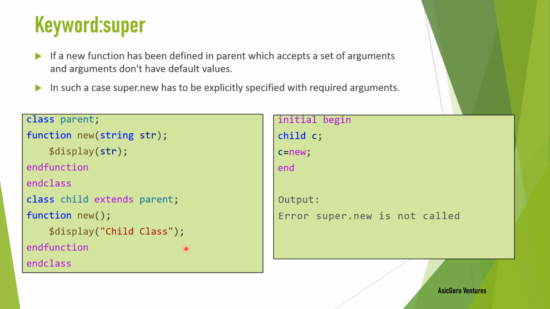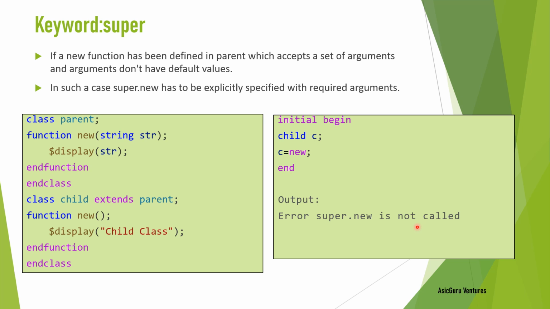Now what would happen here? When we are creating the object, it is not implicitly calling the parent constructor. Why? Because the parent constructor needs a string argument. So it would give an error as super.new is not called.